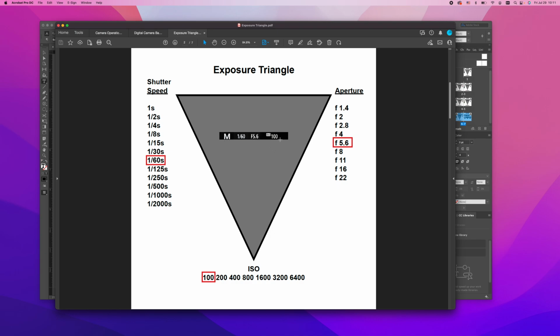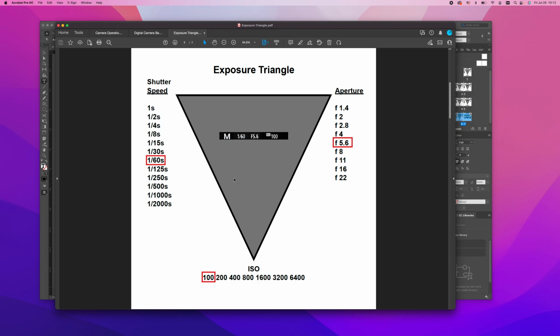So here we say at ISO 100 down here, when you take your light meter reading for this middle gray of your composition, the meter is telling you at ISO 100 to get the correct exposure, you need to set your shutter speed to 60th of a second at 5.6. Okay, so that's kind of where you're going to start, right? So you can make adjustments accordingly, right?